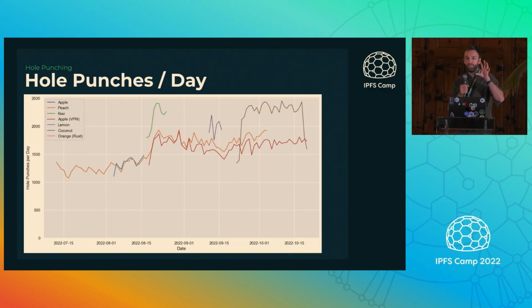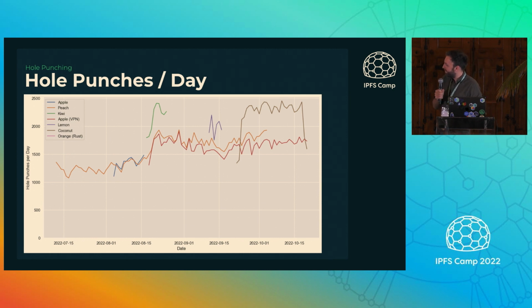As I said, we have a fleet of clients. Well, again, it's not a big fleet right now, so we have 8 different clients deployed, or 7 different clients deployed so far. And each of those clients requests peers to hole punch and then reports back the results. And this rather messy graph shows how many hole punches each client has performed during the last months.